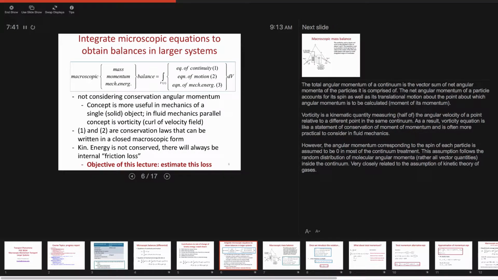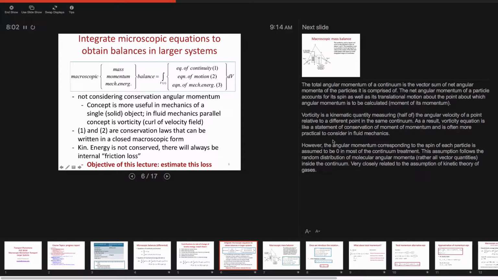Now, to get to the larger scale, we typically have to integrate over the entire system. So I can take all of these equations and integrate them to get the balance. So I take the volume of interest and integrate.